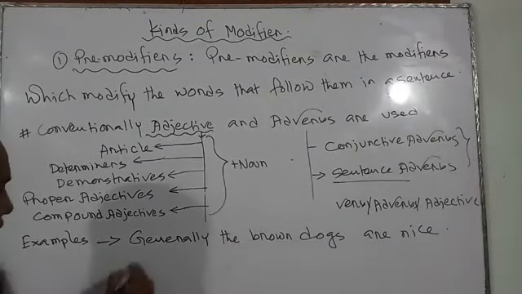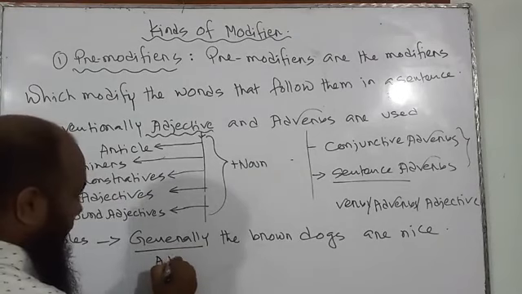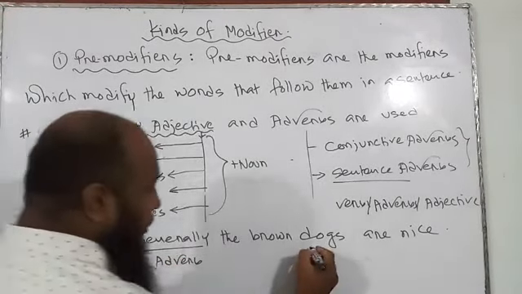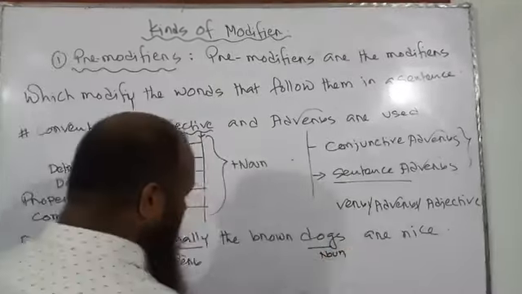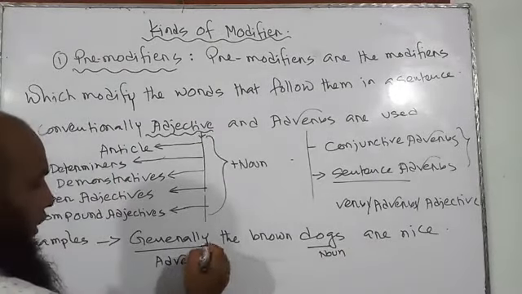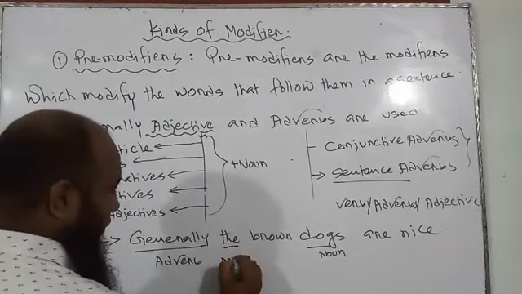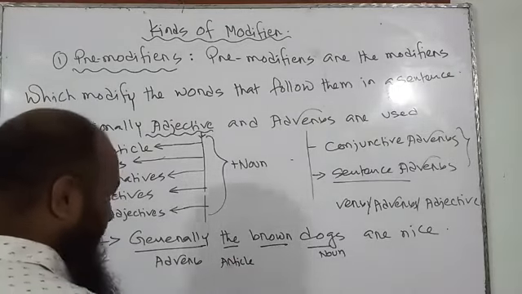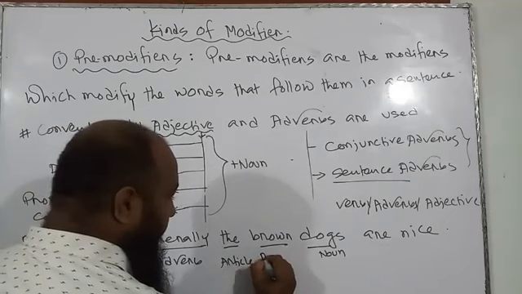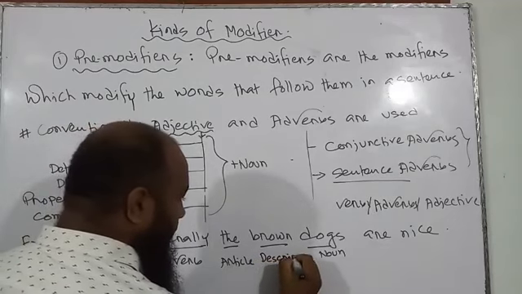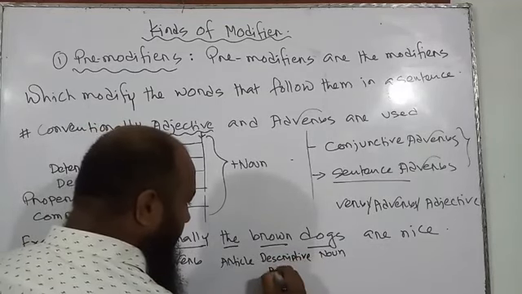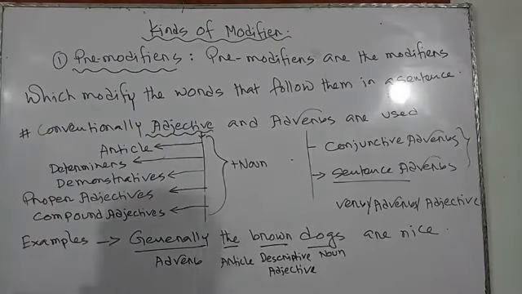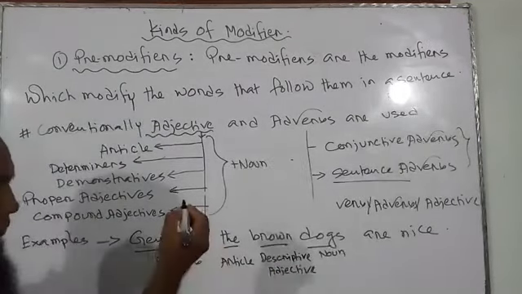Now you see, generally here adverb. Dog here the noun. Okay, the article. Brown, it is descriptive adjective. Now you see, generally it is a sentence adverb.